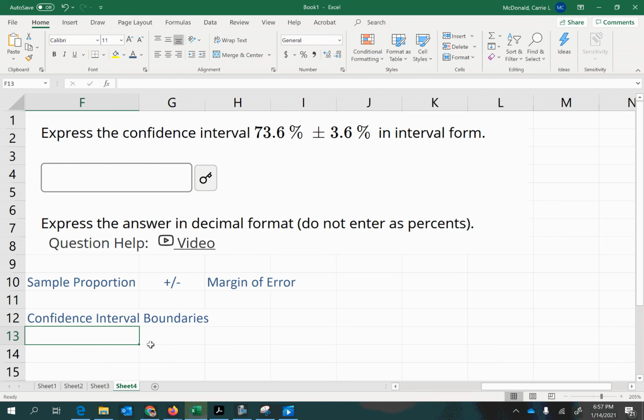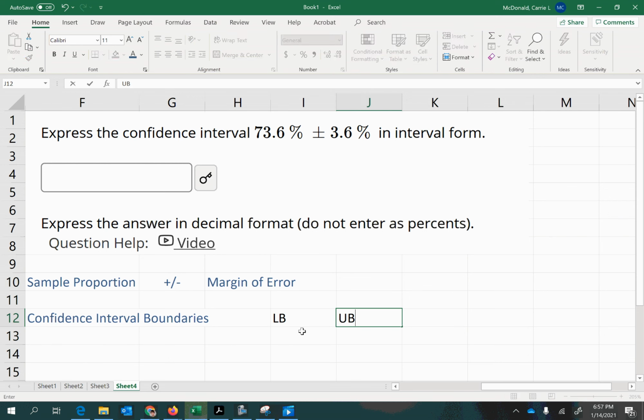Okay, and we'll express those in the form of lower boundary and upper boundary. We're going to do that by using an equal sign to do a calculation inside the cell. Then I'm going to take my sample proportion, but I'm also going to make sure to change it to decimal form, because it says that my answers need to be in decimal format, not percents.